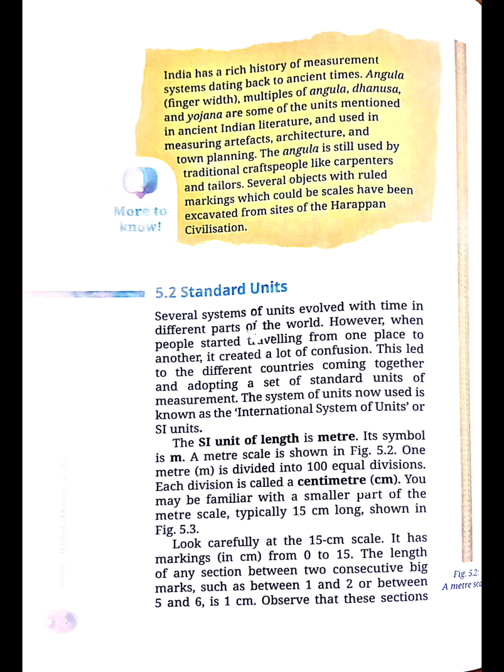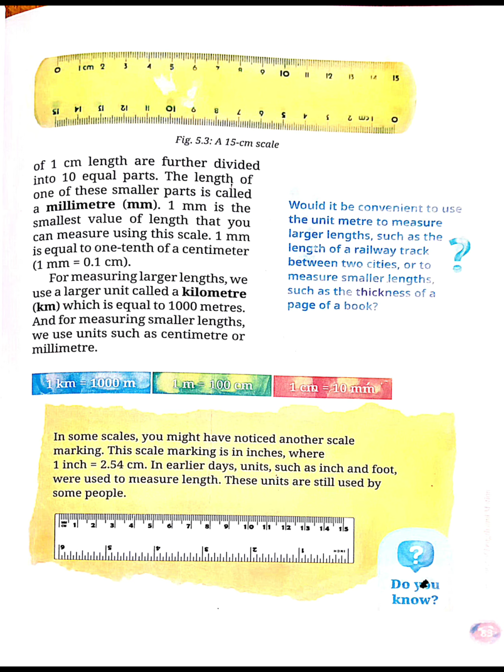Observe that these sections of 1 centimeter length are further divided into 10 equal parts. The length of one of these smaller parts is called a millimeter, mm. 1 mm is the smallest value of length that you can measure using this scale.